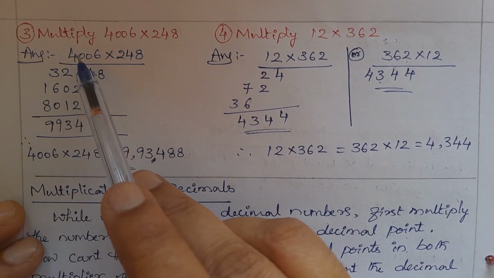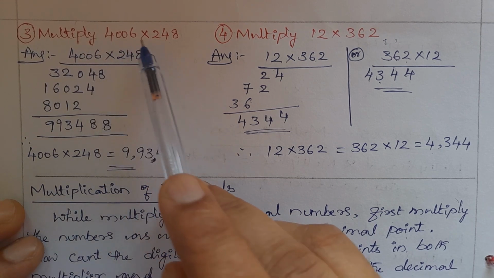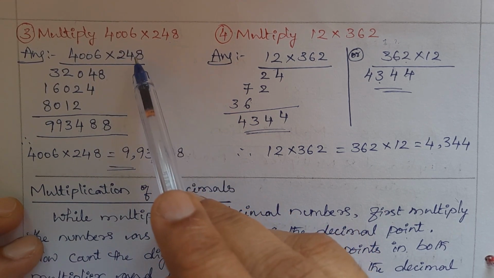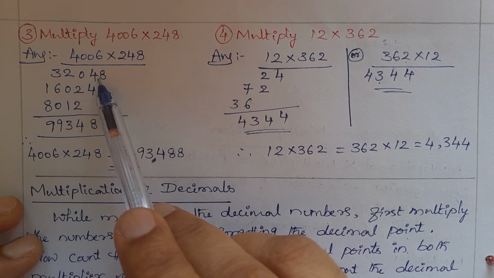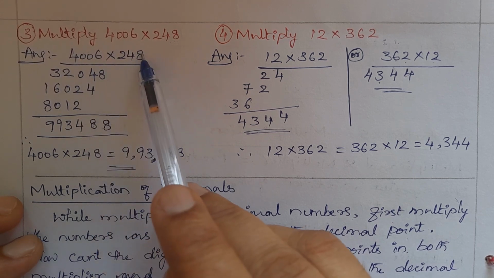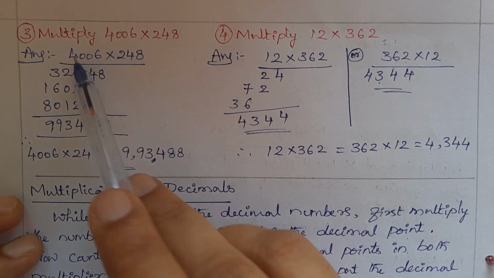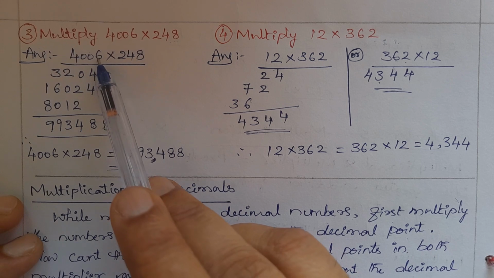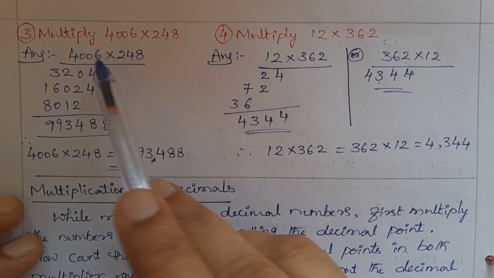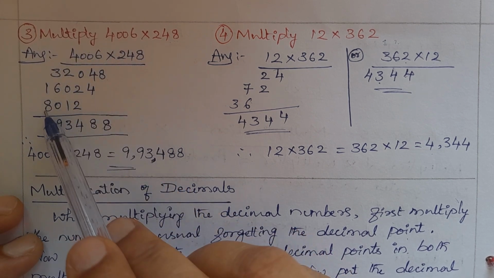Third example, multiply 4006 into 248. So 8 6s are 48, 8 into 0, 0. 8 4s are 32. 4 6s are 24. 4 into 0 is 0. 4 4s are 16. 2 6s are 12. 2 into 0 is 0. 2 4s are 8.